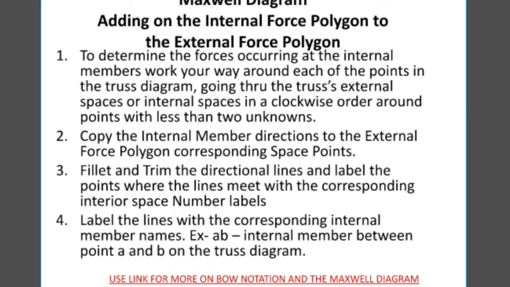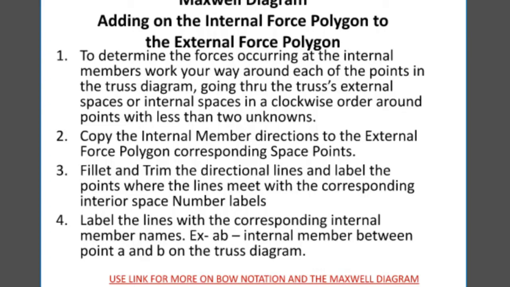Here we are to determine the forces occurring at the internal members. First, work your way around each of the points in the truss diagram, going through the truss's external spaces or internal spaces in a clockwise order around points with less than 2 unknowns. Second, copy the internal member directions to the external force polygon to the corresponding space points.